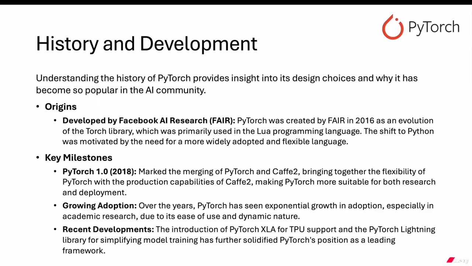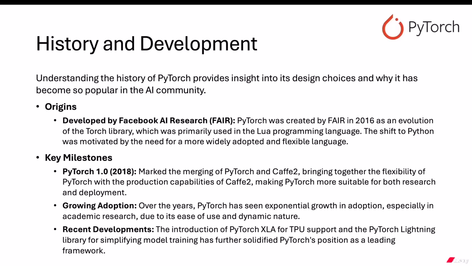Let's look at the history and development of PyTorch. Understanding the history of PyTorch provides insights into its design choices and why it has become so popular in the AI community. Origins. Now, developed by Facebook's AI Research, which is FAIR, PyTorch was created by FAIR in 2016 as an evolution of the Torch library, which was primarily used in the Lua programming language.